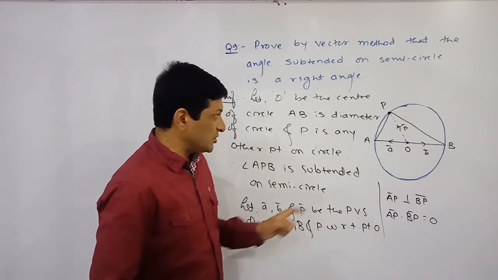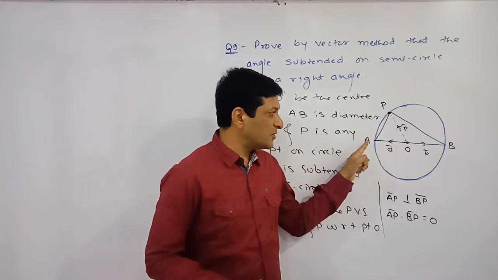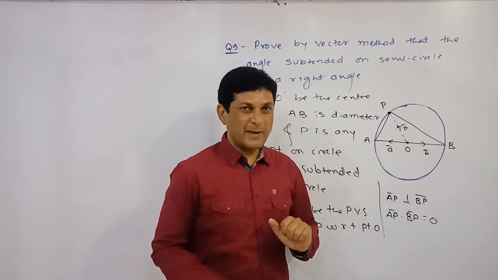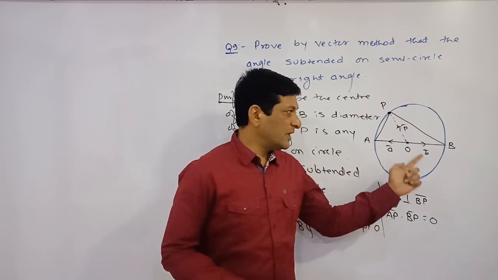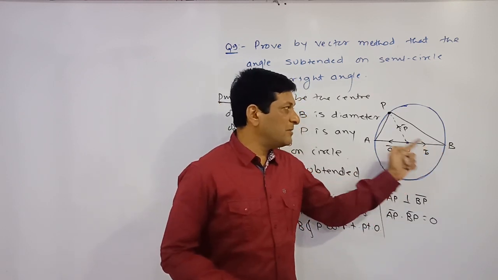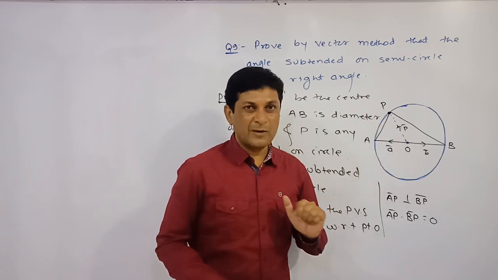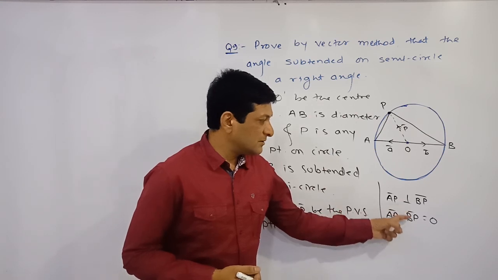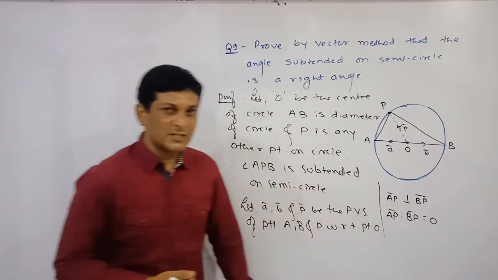A bar is the position vector of which point? A, with respect to O. Means OA bar we have denoted by A bar. In the same way, OB bar we have denoted by B bar, and OP bar we have denoted by P bar.